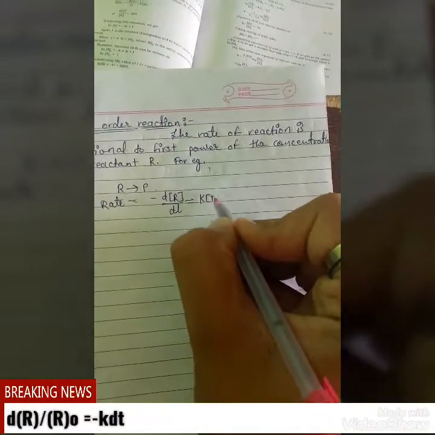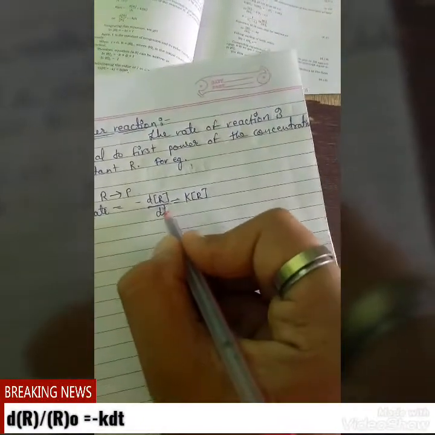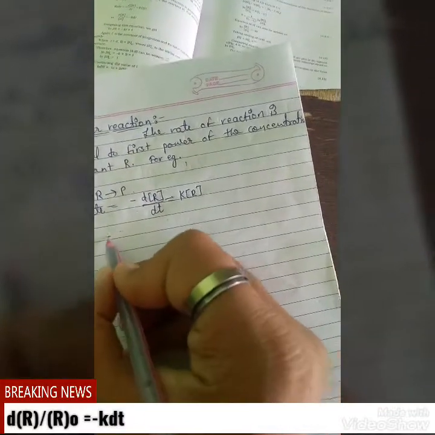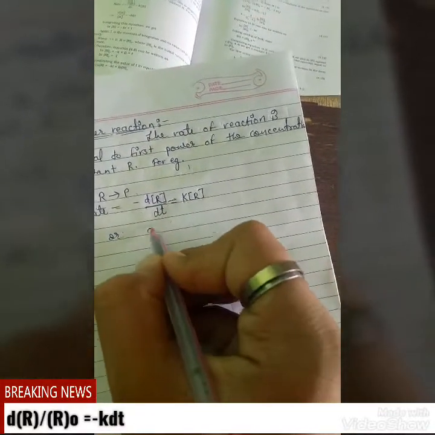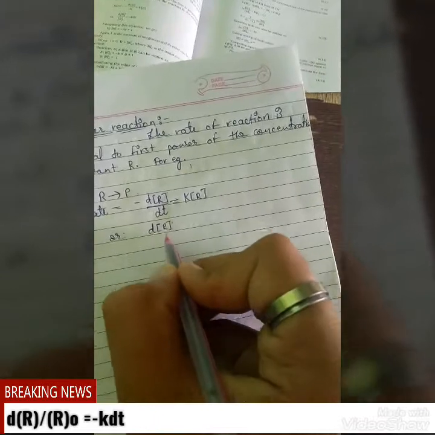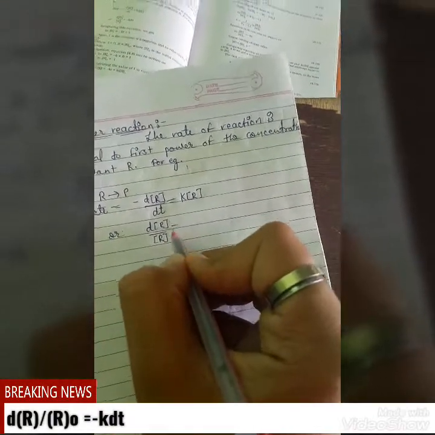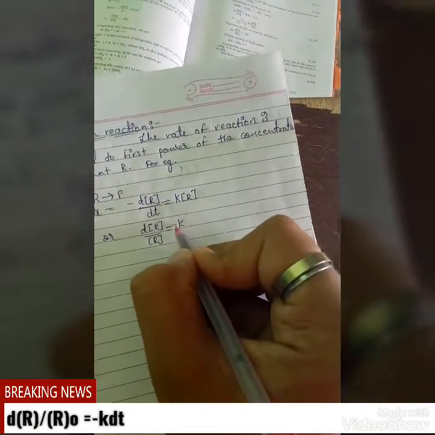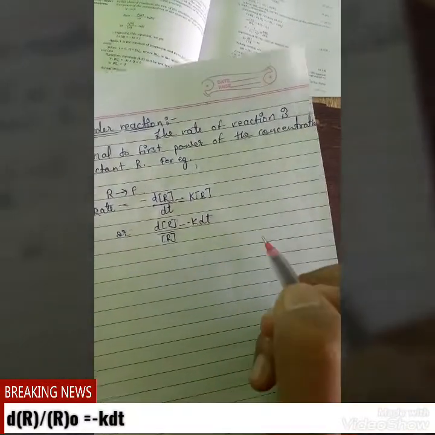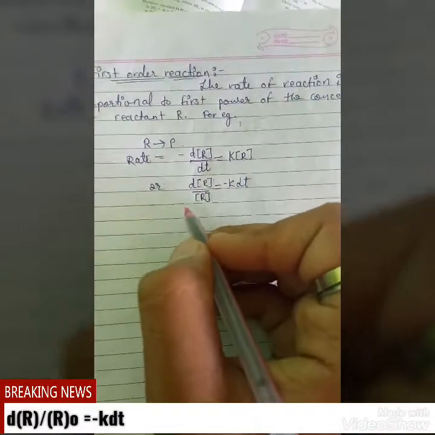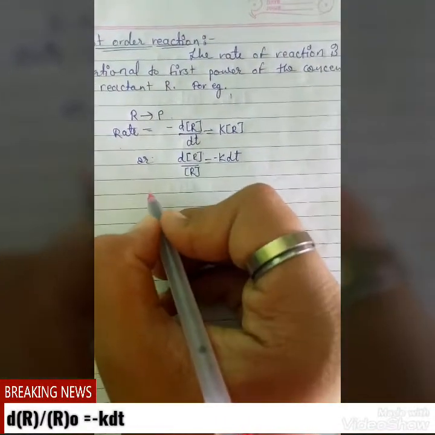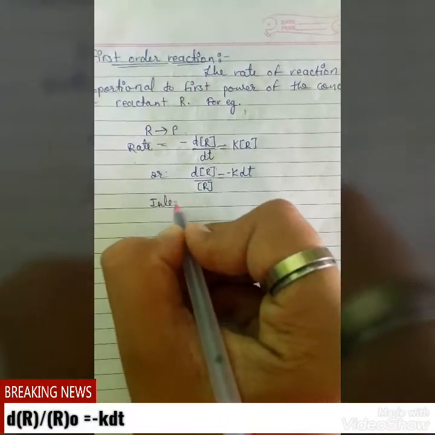k R. Now change the sign of minus dR to dR and R replace here. dR by R is equal to minus k dt. Okay, so now integrating both sides.